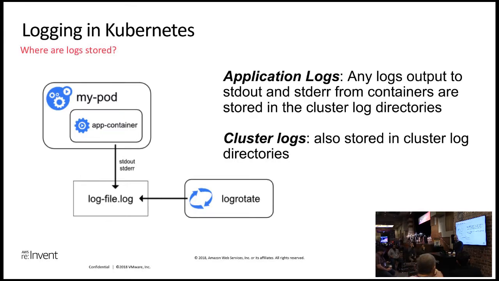Those can be contained inside the application itself in the pod, or pushed down to the cluster and stored in a specific location, /var/log on the cluster node itself. Then there are the cluster logs, the Kubernetes logs themselves. Those are the two baseline components of logs in your Kubernetes deployment, okay?